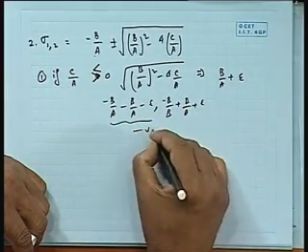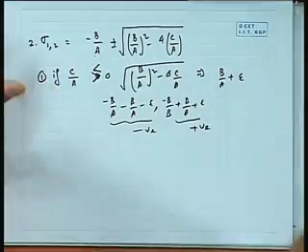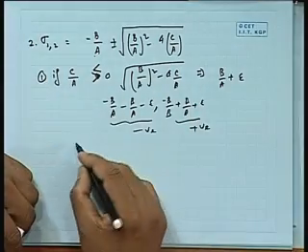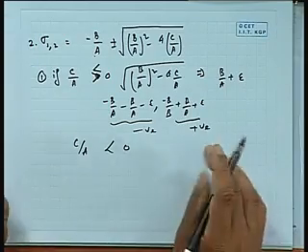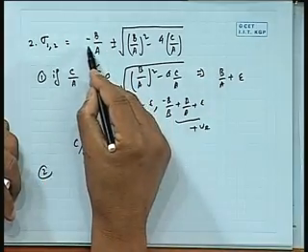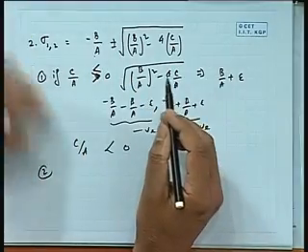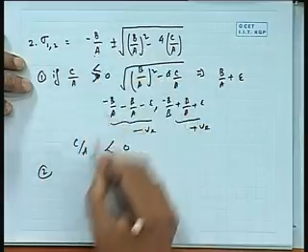This is negative, but this is positive. So I end up having one positive number. I cannot have it. Therefore c by a has to be negative. That is point number 1. Point 2, of course, is obvious: b by a obviously has to be this thing here, the b by a.